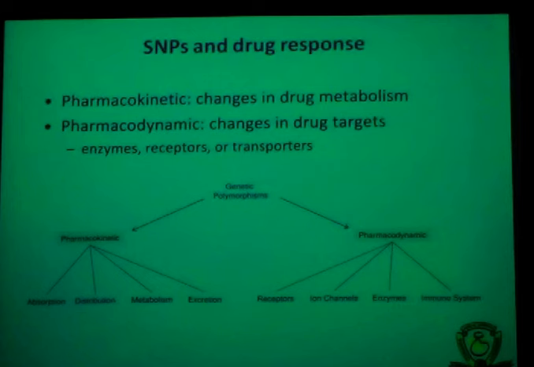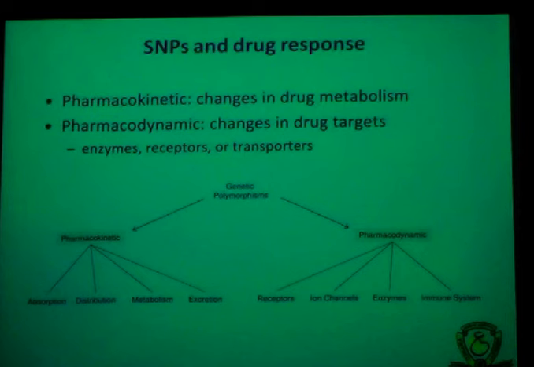Pharmacokinetics deals with the availability of the drug, how it is metabolized, how it is cleared from the body. Pharmacodynamics deals with the interaction of this drug with the target, whether it is a metabolizing enzyme or an enzyme that is responsible for disease.